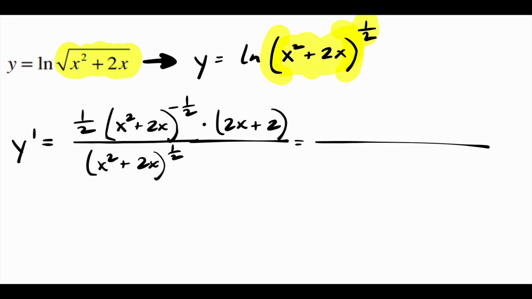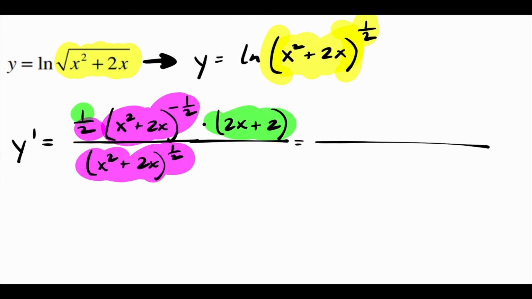All right, so let me highlight some stuff. The things that are going to go on top, in the numerator, are this one and this guy here. Everything else, this guy and this guy, are going to go to the bottom. Well, one of them's already at the bottom.